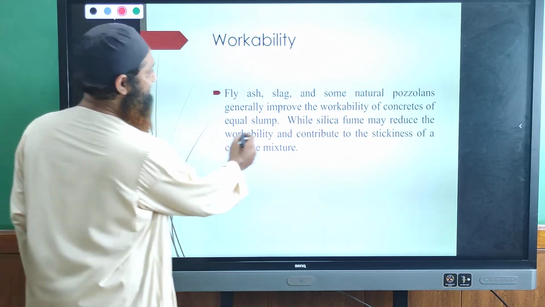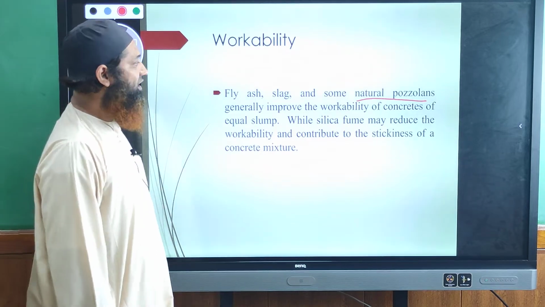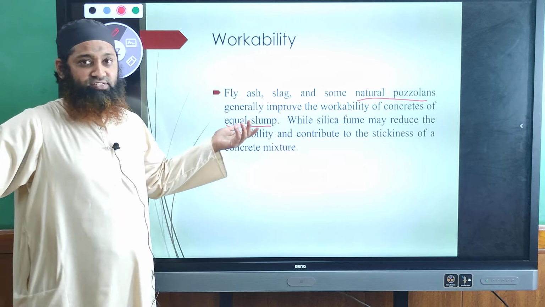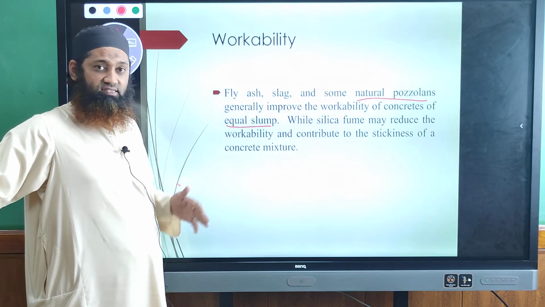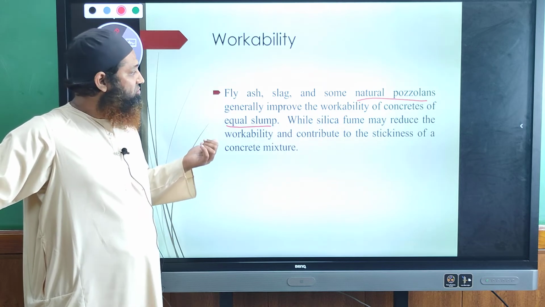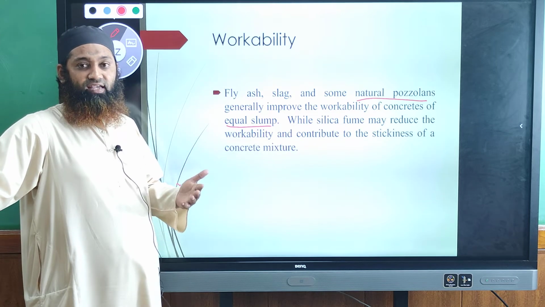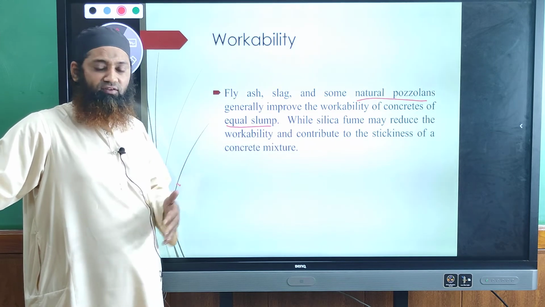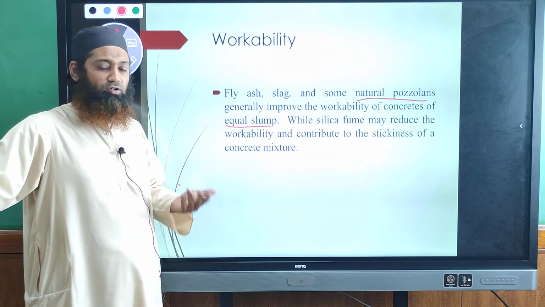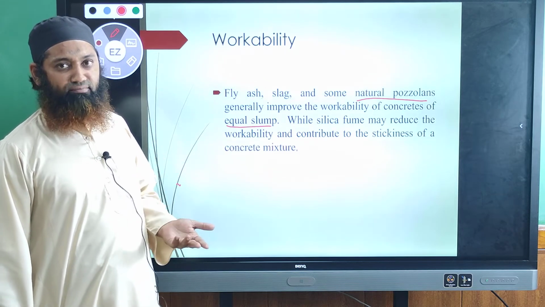Fly ash, slag and some natural pozzolans generally improve the workability of concretes. This is a very beneficial factor. Normally, when other materials are added, the workability decreases, and we have to add some superplasticizers to overcome that problem.